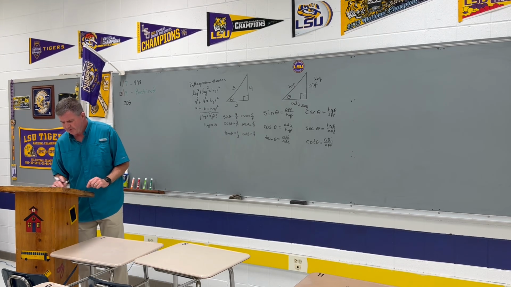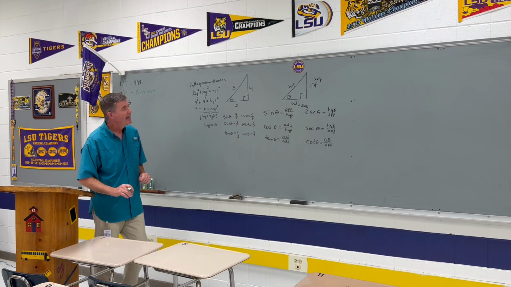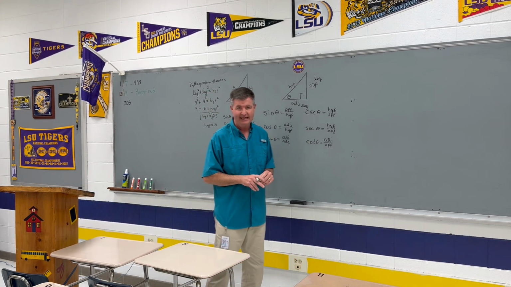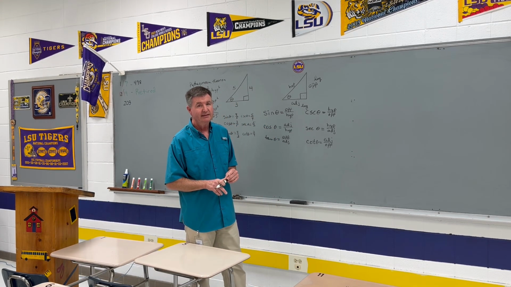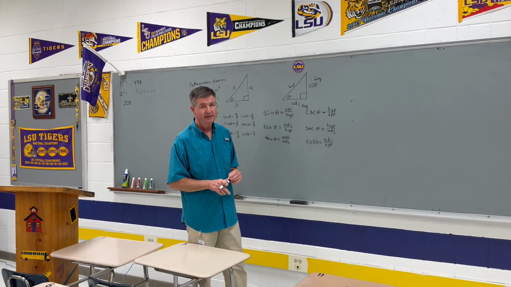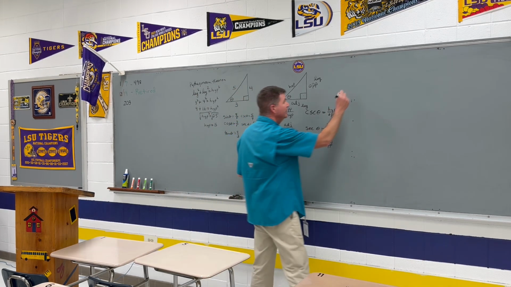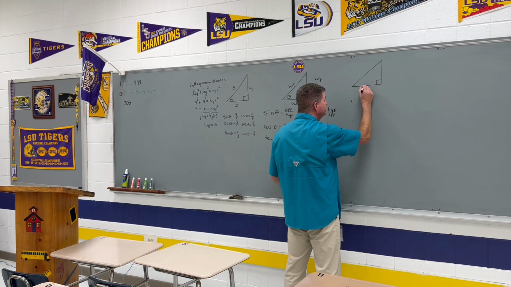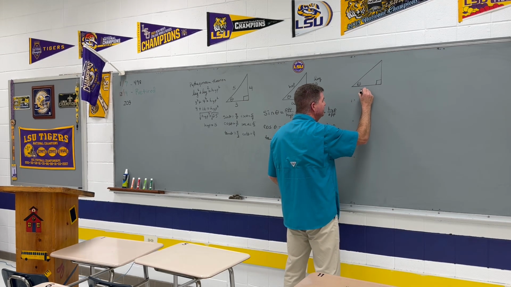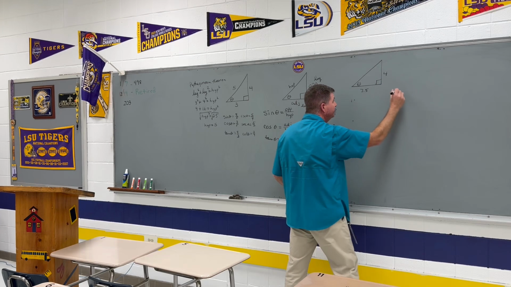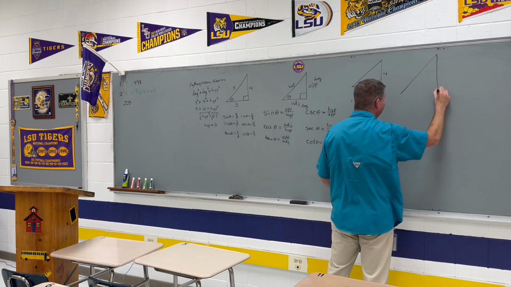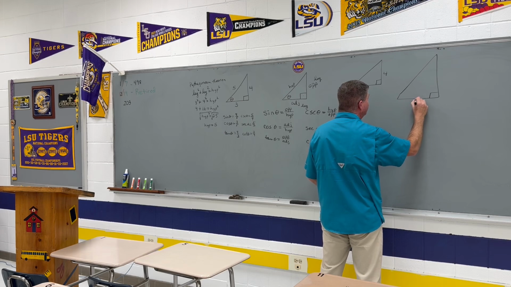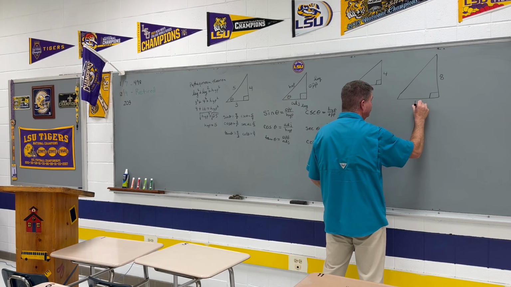For the next one, we're considering 2 triangles that are different sizes, but they're similar, as in they're proportionate. Suppose this one with theta here is 7.5 and 4, and the larger one is 8 and 15.